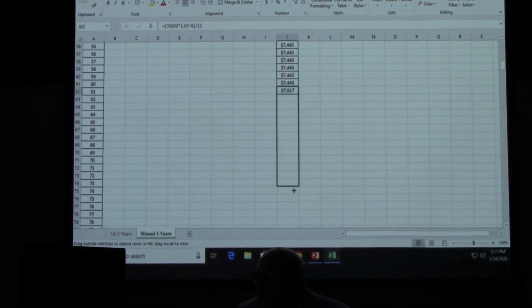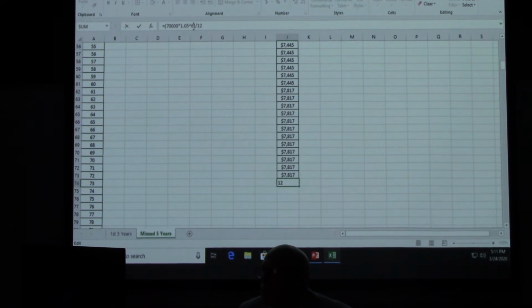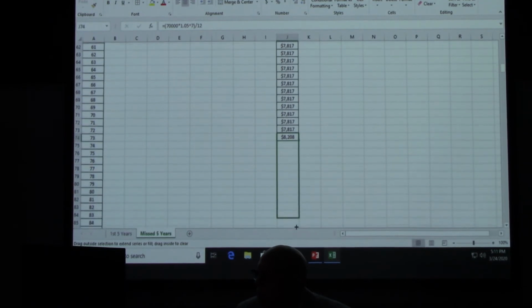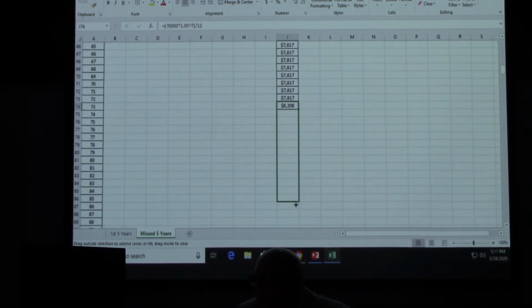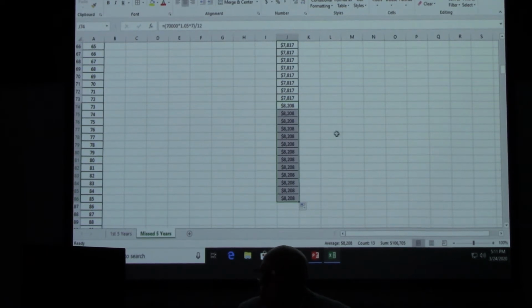And 7th. And we'll take that down to 85. Let's make sure we're doing that.